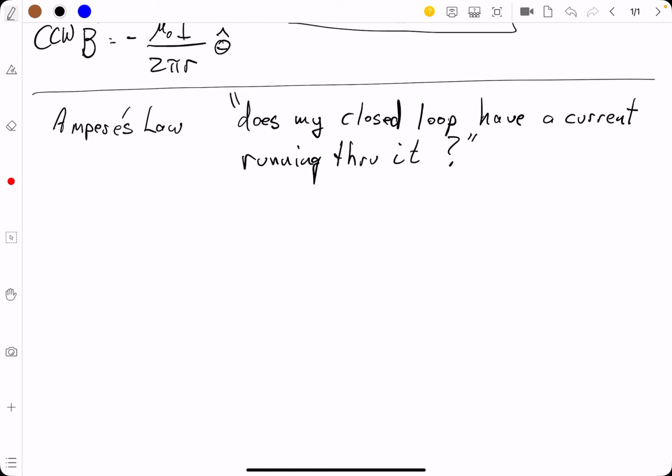I'm going to just draw this crazy closed loop. Nobody cares about this closed loop, but I'm going to do I4 here. Let's put I1 here. Let's do I2, but let's say I2 comes in and goes back out.